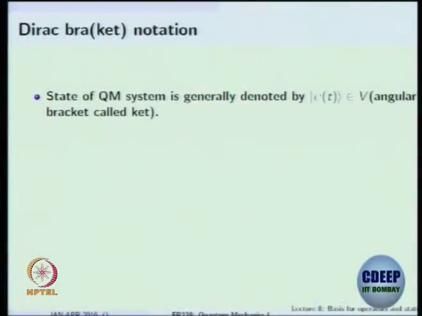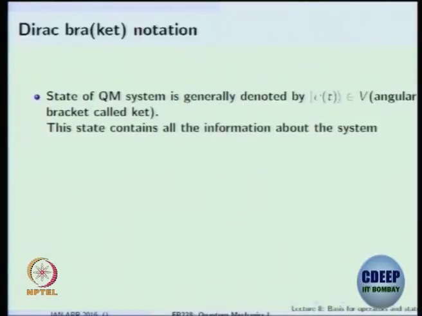The state of a quantum mechanical system, we formally denote as psi. Typically this psi will have evolution in time, so we call psi a function of time. Most of the time we suppress this t, but this is the state of the system, and this angular bracket is called a ket.